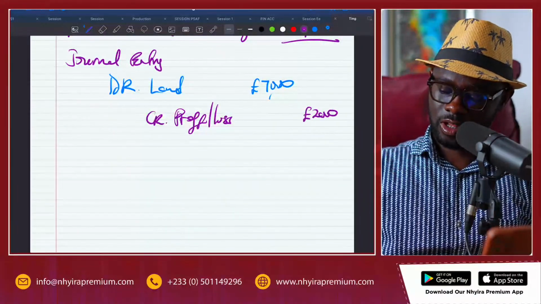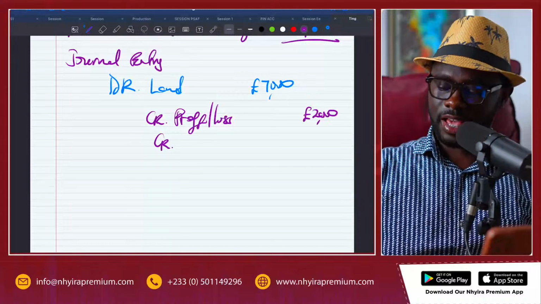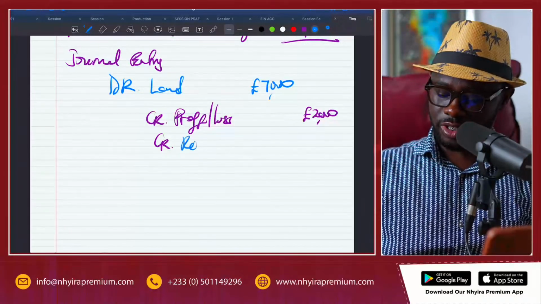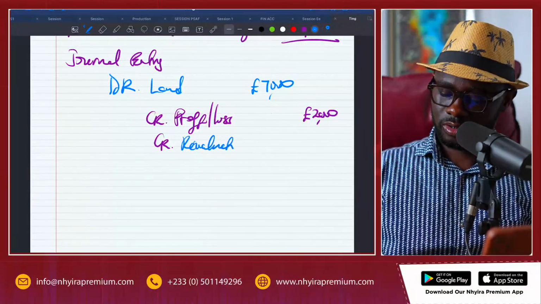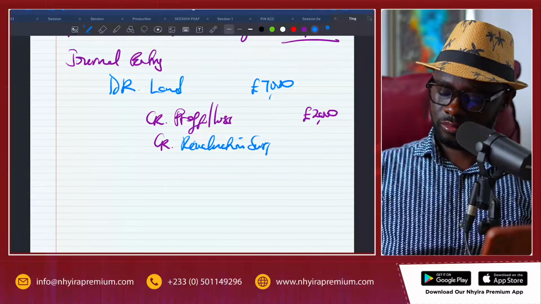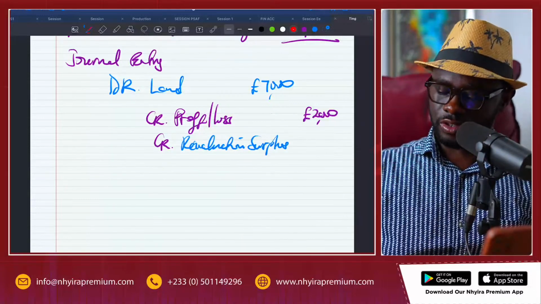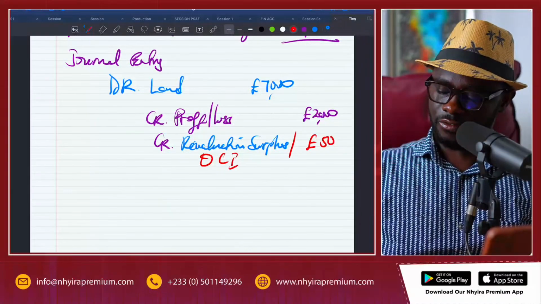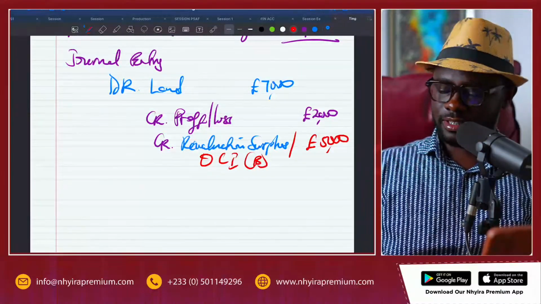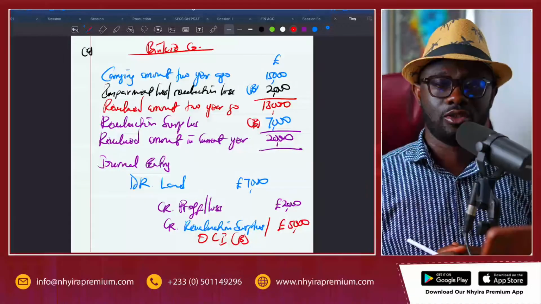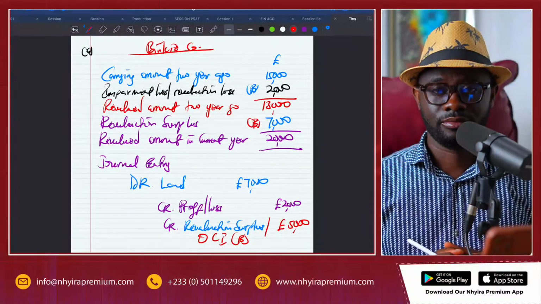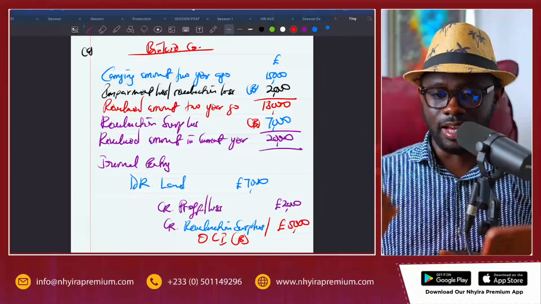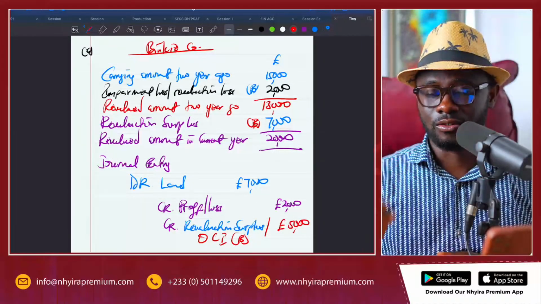Then the balancing figure is what we will take to revaluation surplus, which will go on the face of the statement of financial position, or OCI, 5,000. This is the answer to the question.